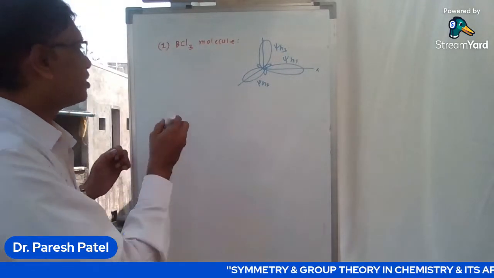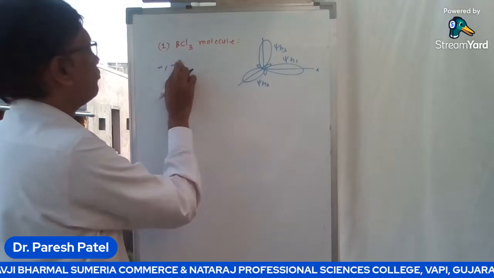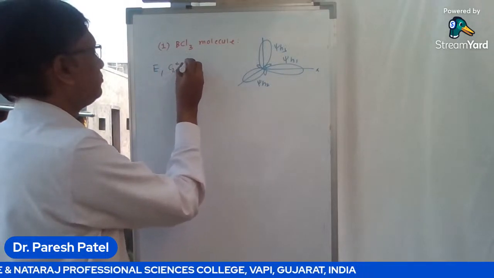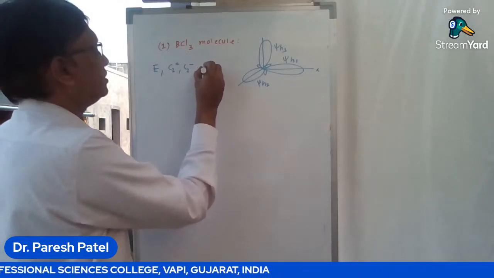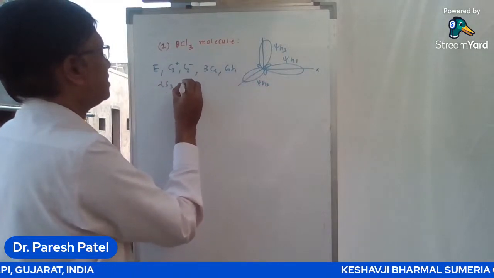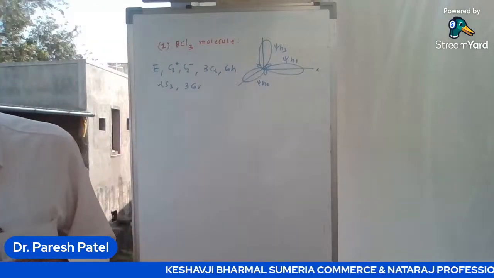We know that the BCl3 molecule consists of E, twice C3, or we can say C3 plus and C3 minus, 3 C2, sigma h, twice S3, and 3 sigma v symmetry elements.